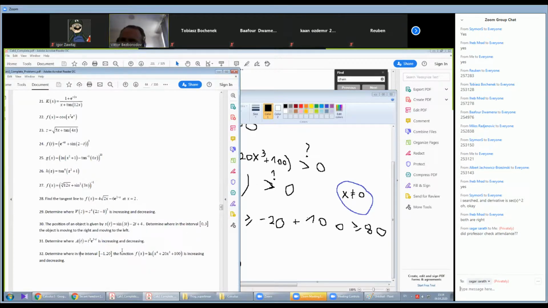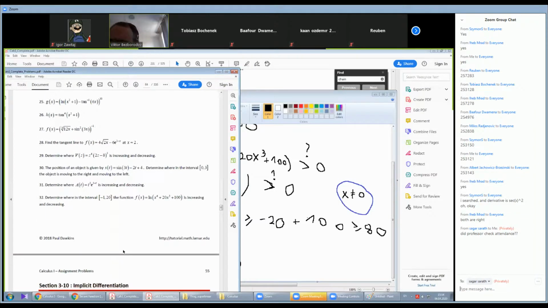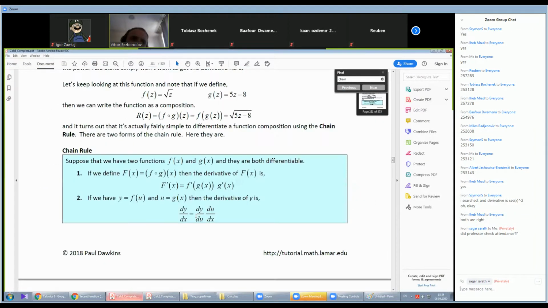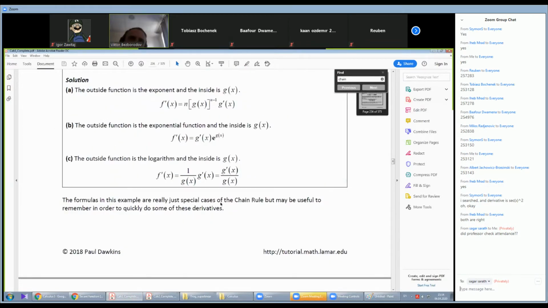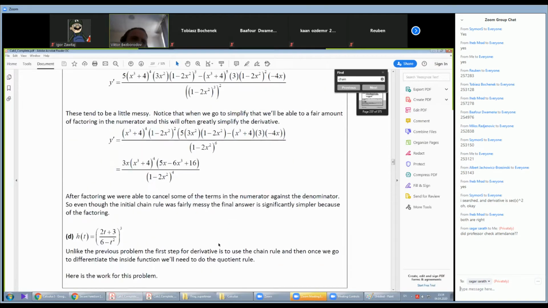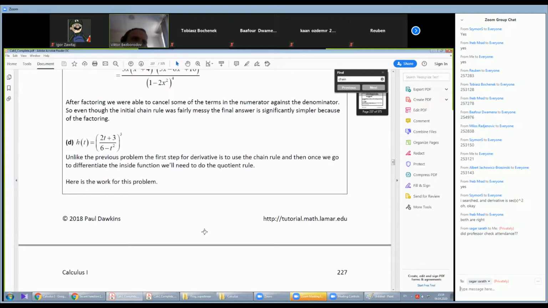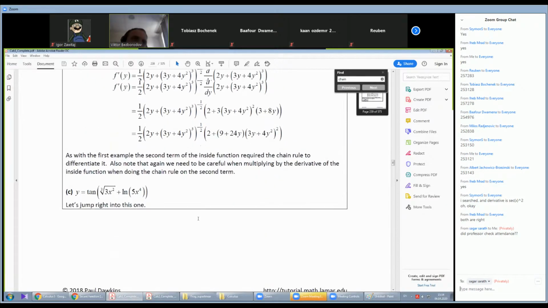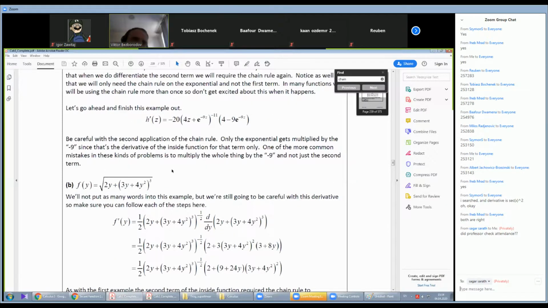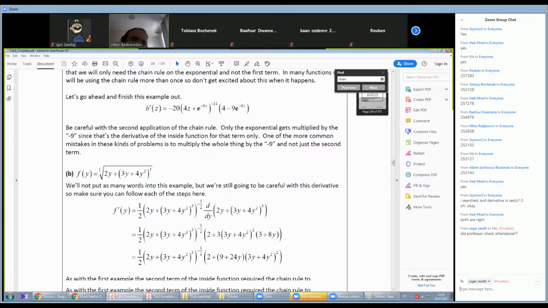All right. So this is where we finished last time, I think. By the way, this is also the chain rule, right? So you have, I think, a composition of three functions.